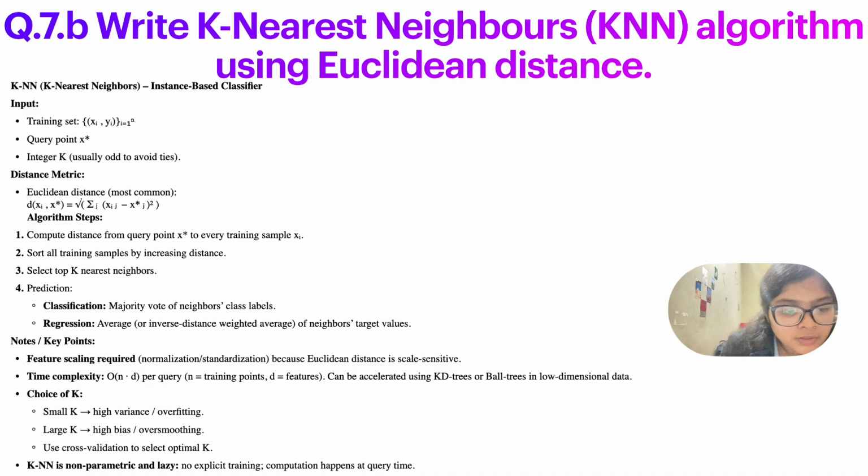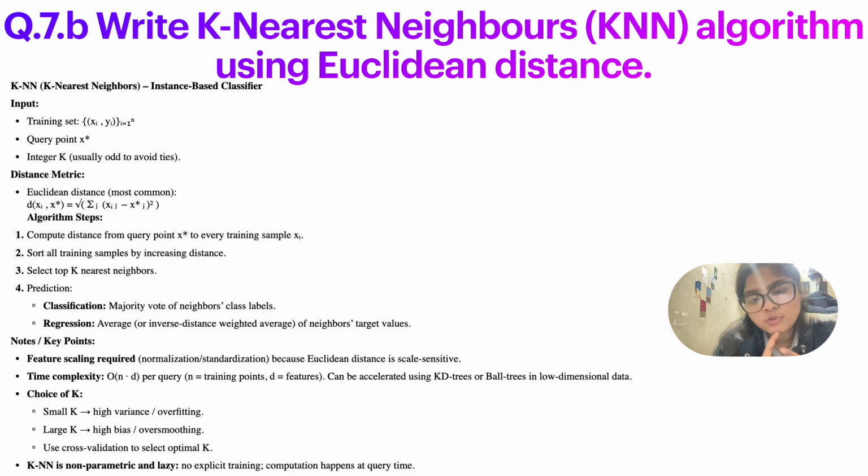So if we choose small k, we will face high variance, also called overfitting, and low bias. If we choose large k, then we get high bias, over smoothing. So we use cross validation to select the optimal k. We select certain values of k, then we train our data, and how we train depends on what kind of cross validation we choose.